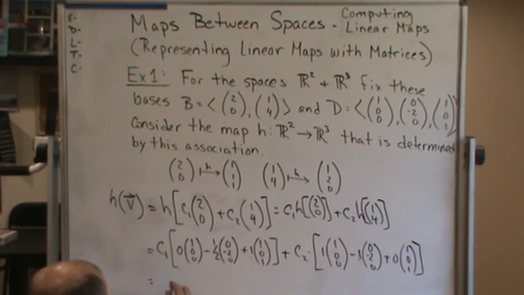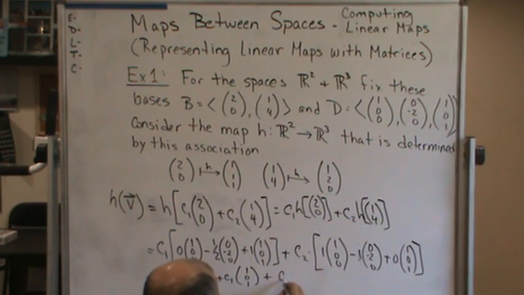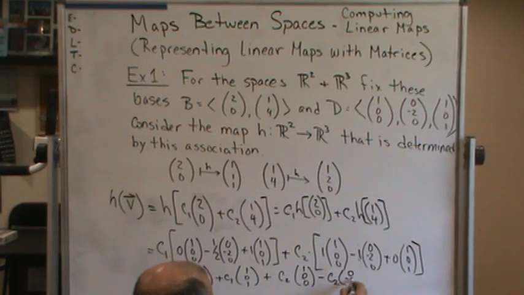This is going to be 0, but we're going to get negative 1/2 C1 times (0, -2, 0), plus C1 times (1, 0, 1), plus C2 times (1, 0, 0), minus C2 times (0, -2, 0), and then of course that's just 0. So this is what we get, right?